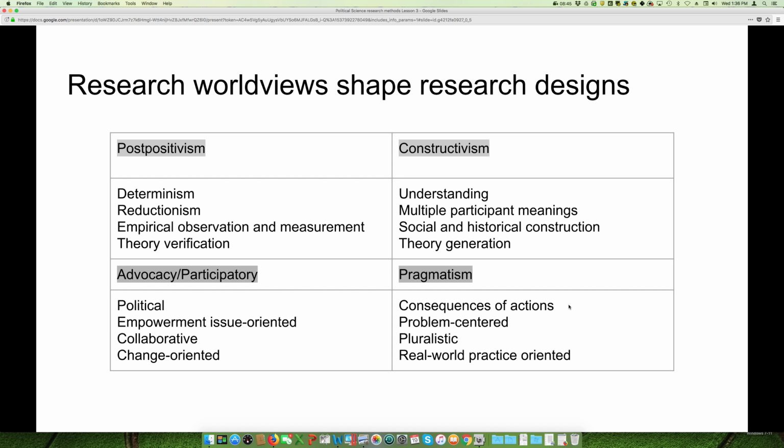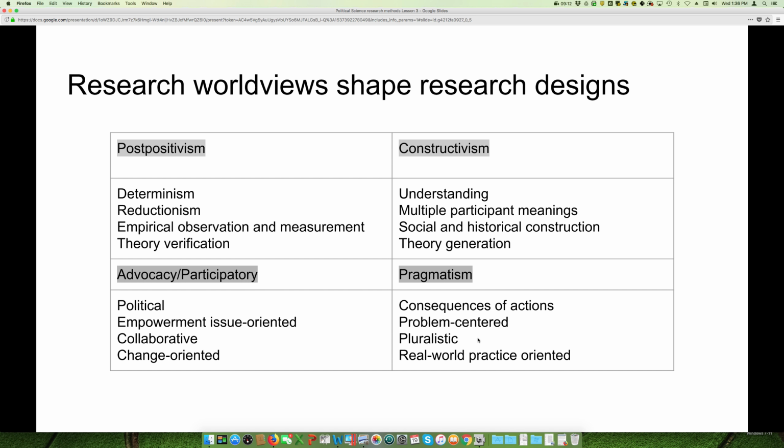What are the consequences of those actions? It tends to be problem-centered, and another common question is, did this policy fit this particular problem? And some of my work has looked at whether or not policies related to natural resources fit the ecological dynamics as well as the social dynamics of a region.